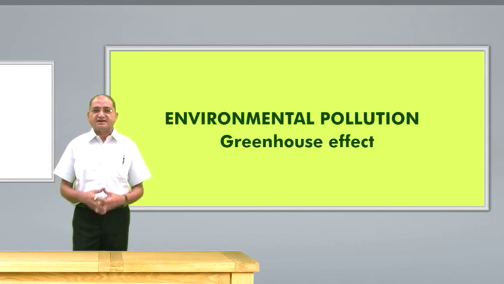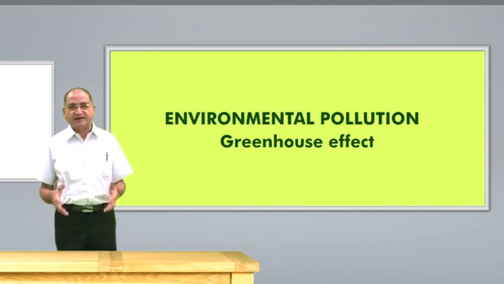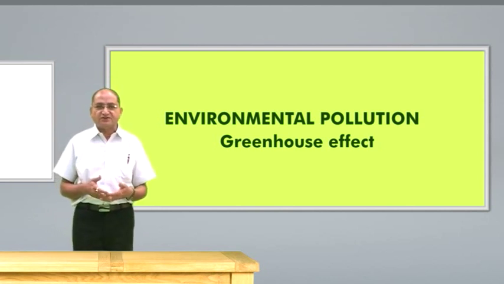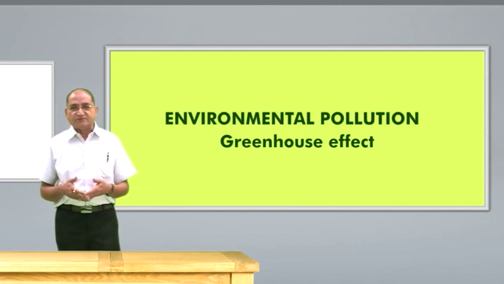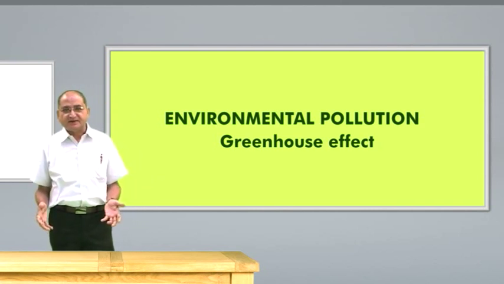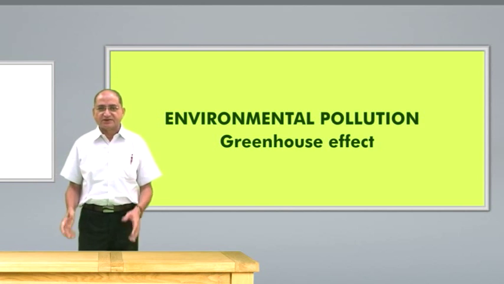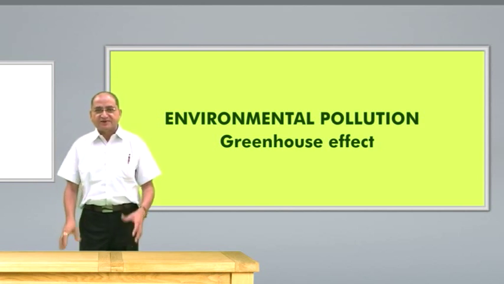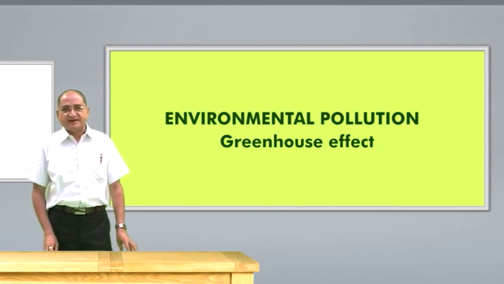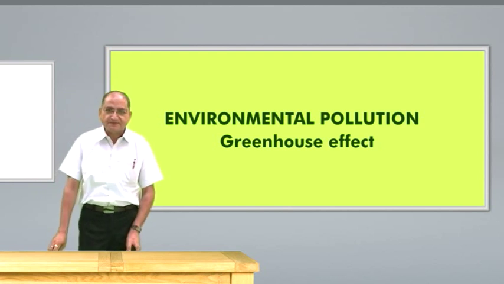These gases, like carbon dioxide, methane and nitrous oxide along with water vapor, comprise less than 1% of the atmosphere. They are called greenhouse gases, as their working principle is the same as that which occurs in a greenhouse.